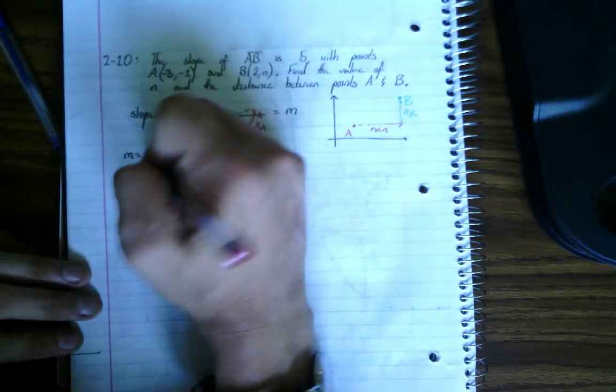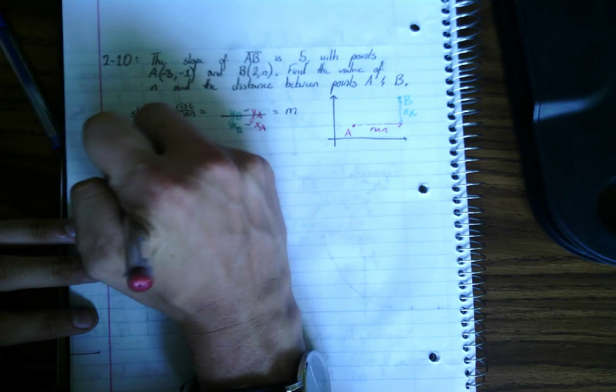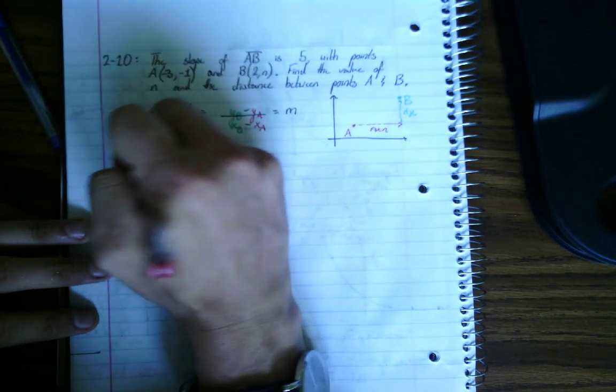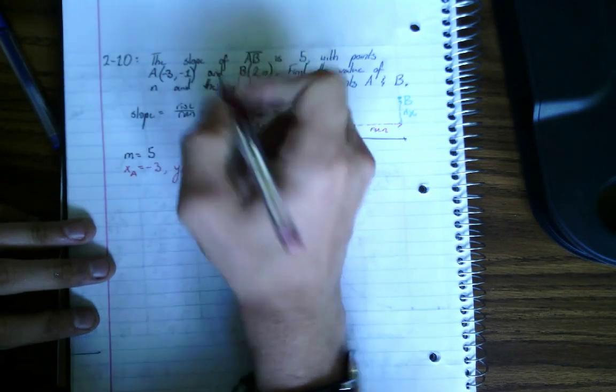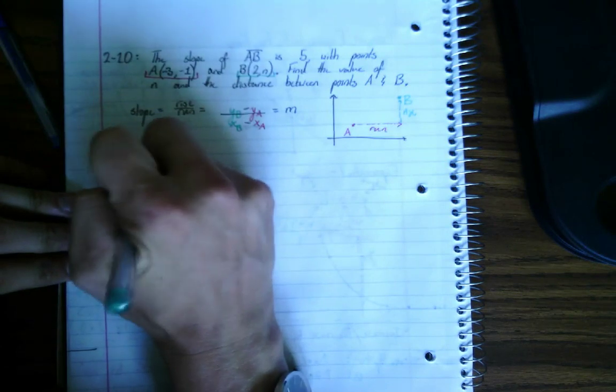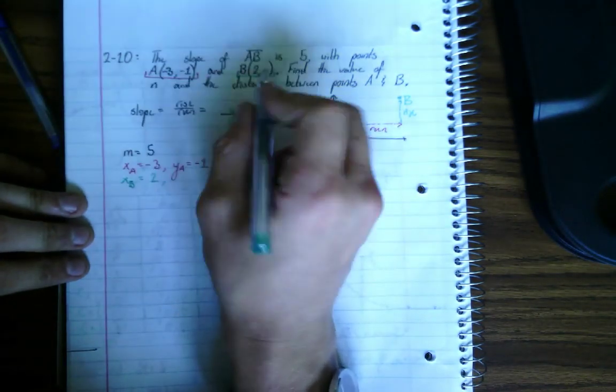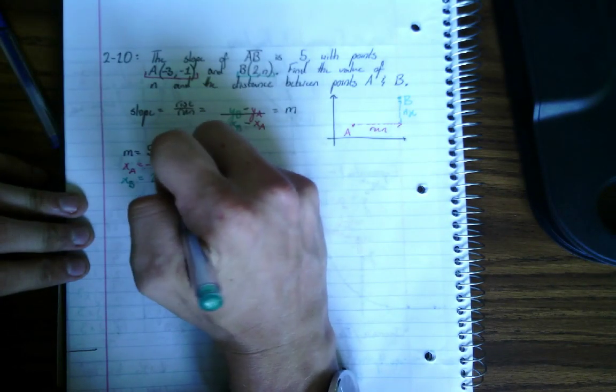We know that our x and y coordinates are -3 and -1 from right up here. And we know that our b coordinates are going to be 2 and that elusive n that we're looking for.